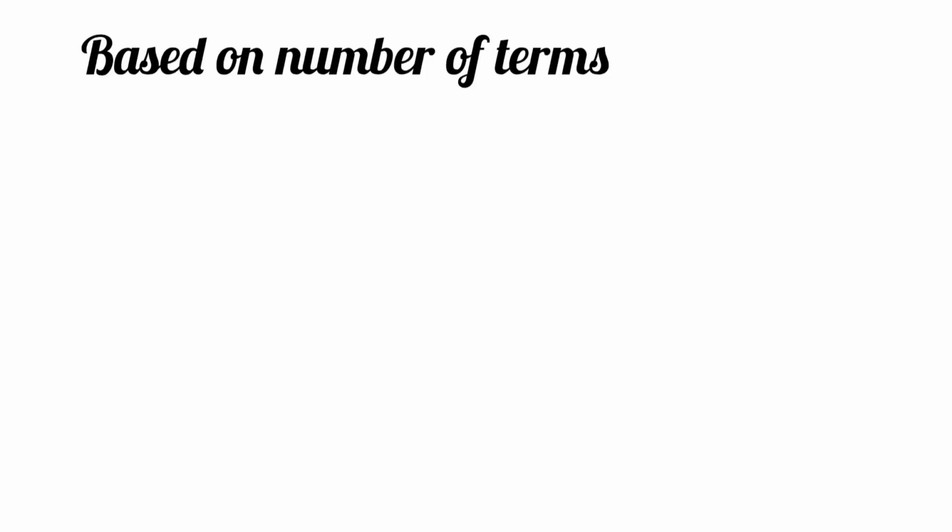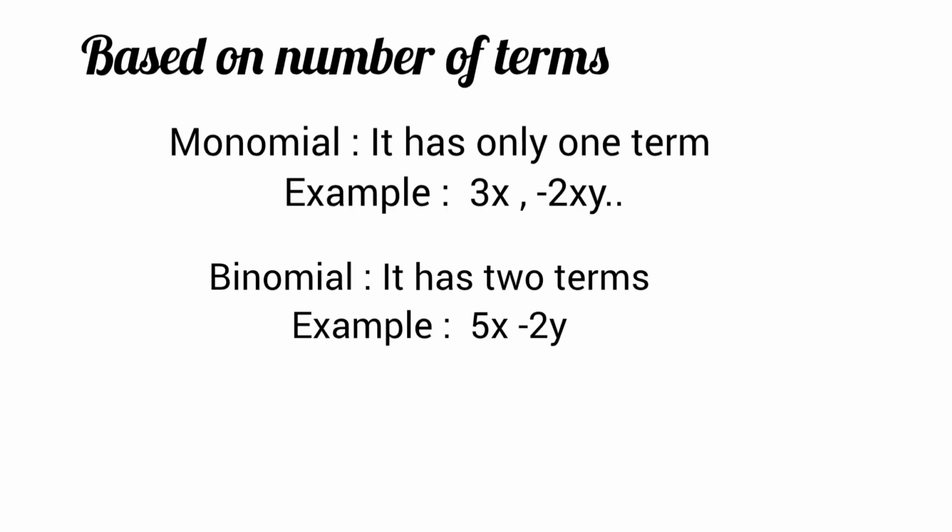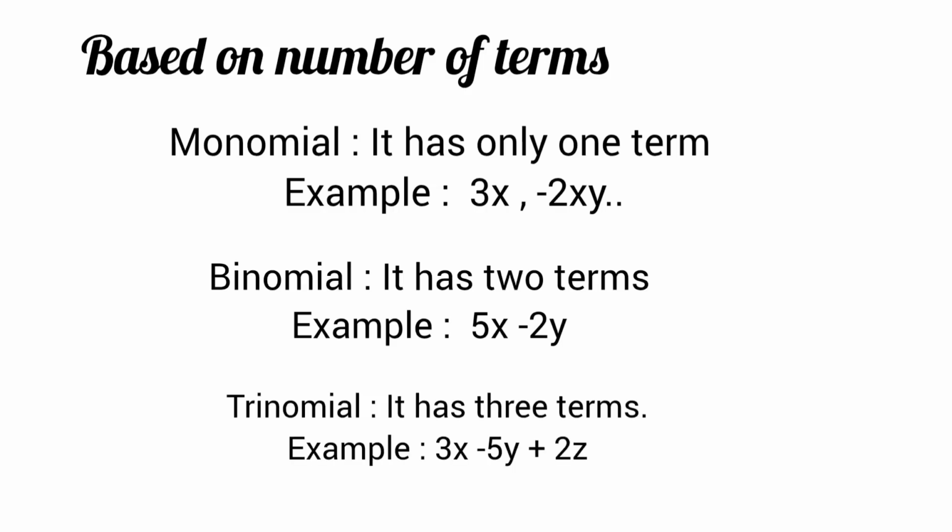So based on the number of terms also we can classify the polynomials. The first one is monomial. It has only one term, a single term, like 3x. Binomial means having two terms, 5x minus 2y. And the third one, trinomial, has three terms, example 3x minus 5y plus 2z.